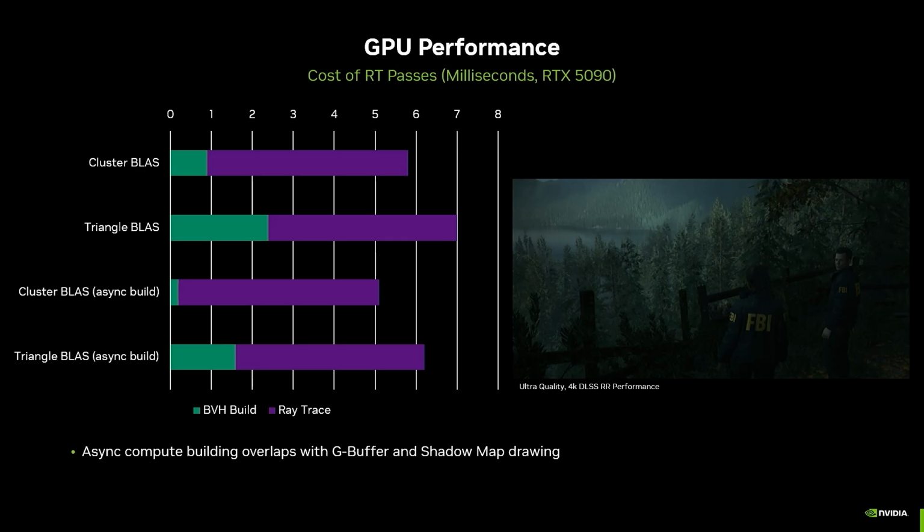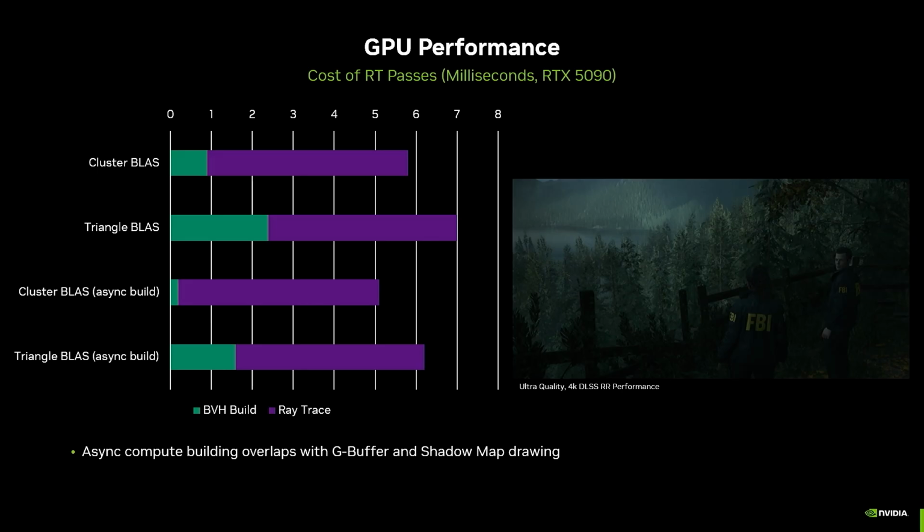And here are the GPU performance numbers. On the top are the raw numbers without using async compute, and below are practical numbers with async compute enabled. The PVH building is substantially more efficient with the clusters. As Alan Wake is a hybrid renderer using both rasterization and ray tracing, it's possible to overlap the PVH building with gbuffer and shadow map rendering.